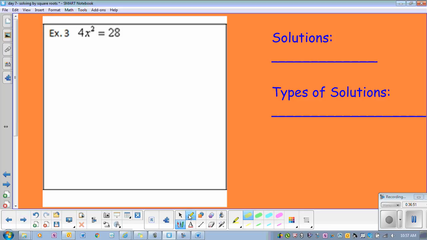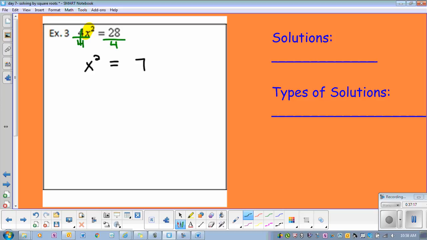I want to get this guy all by itself, the x squared. What do I need to do about the 4? Divide it. When that goes away, then I have x squared equals 7. How do I get rid of that square?